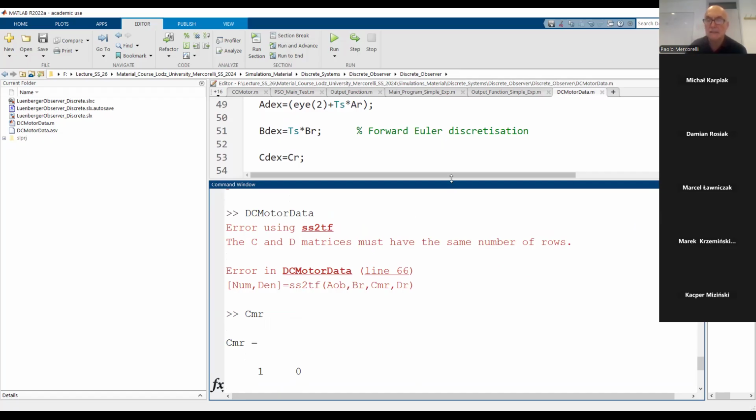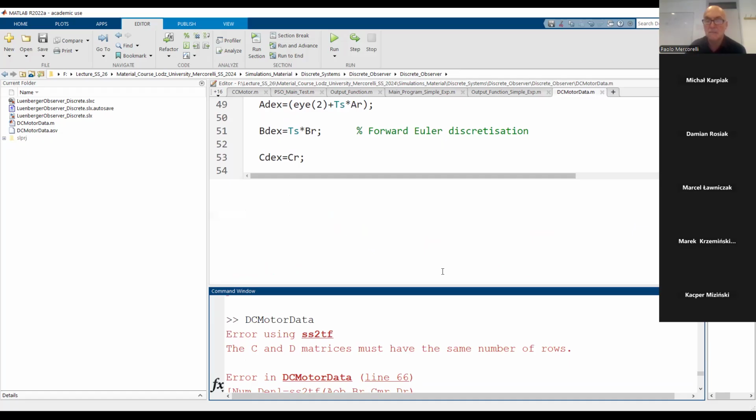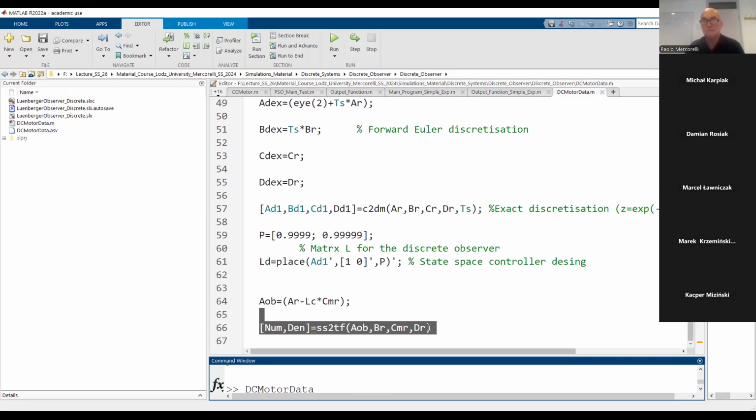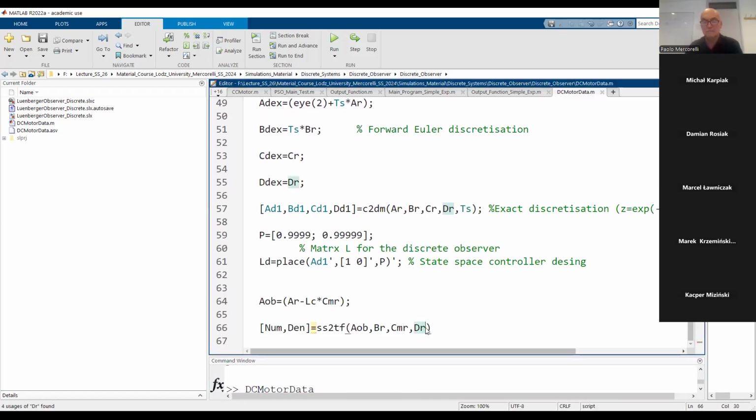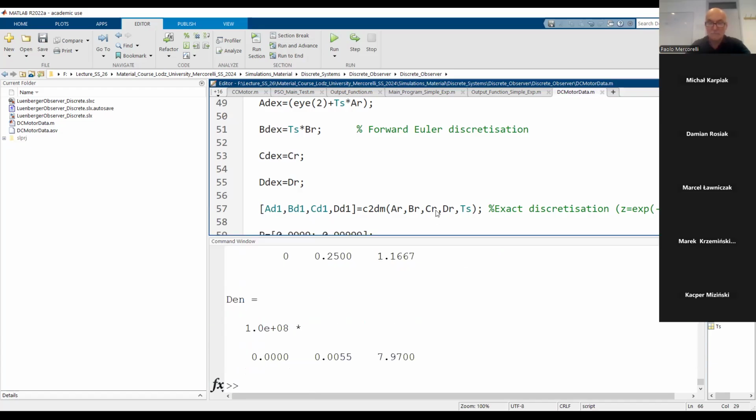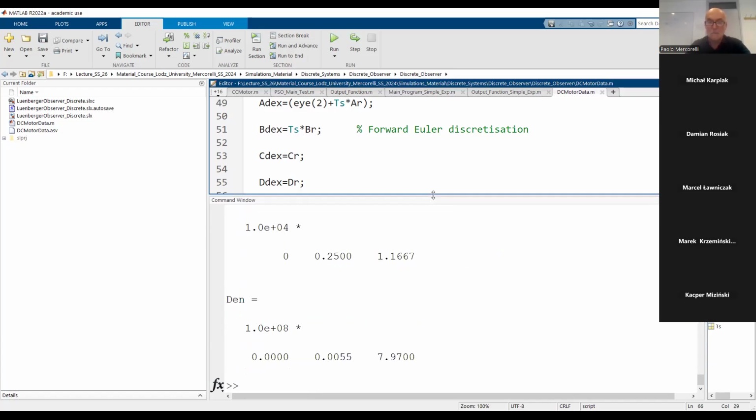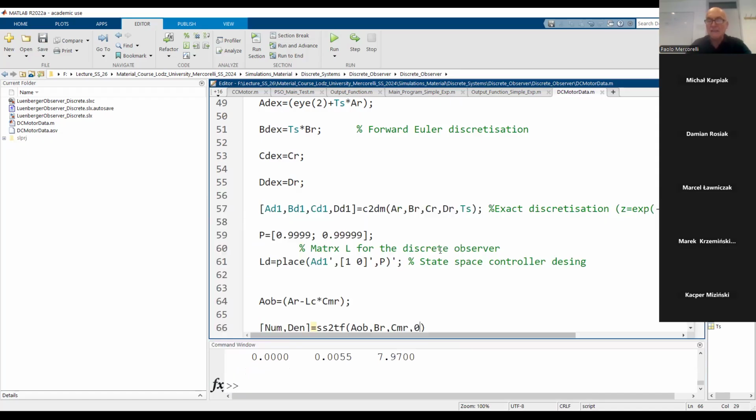Ah, okay, clear. Zero. Correct. Now, in our case, now it works.